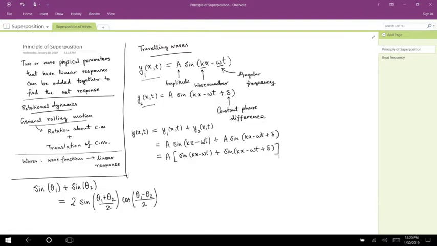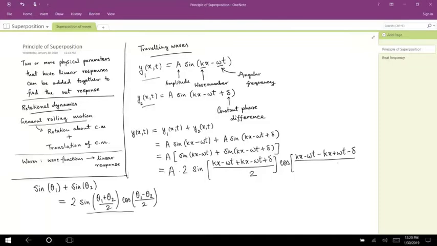So on this next line, we apply this trig relationship, and we will get A times 2 times sine of the sum of the two arguments, kx minus omega t and kx minus omega t plus delta, divided by 2. And then we'll also have the cosine part: cosine of kx minus omega t minus kx plus omega t minus delta, divided by 2.